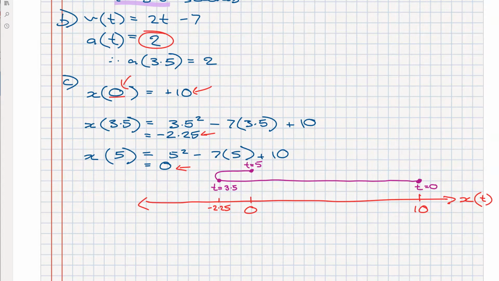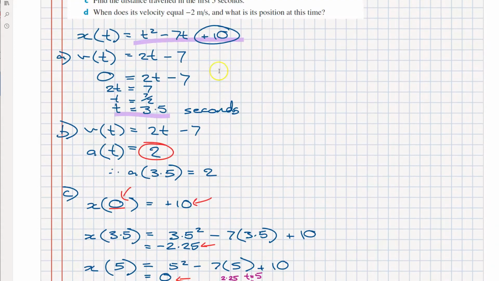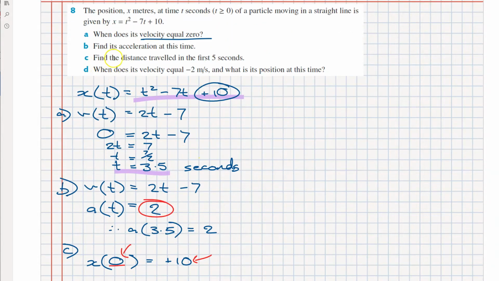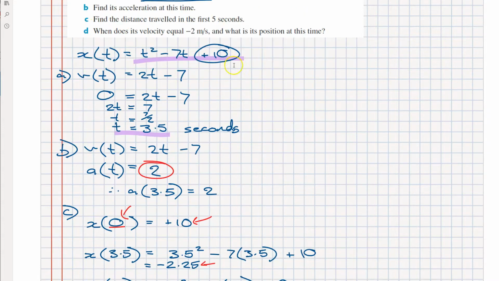So it's a case of what's the total trip distance? Well, this part here is going to be 10 plus 2.25, and then up here it's 2.25 to the right. Let me check the question again to make sure I'm doing the right thing. Find the distance traveled in the first 5 seconds.